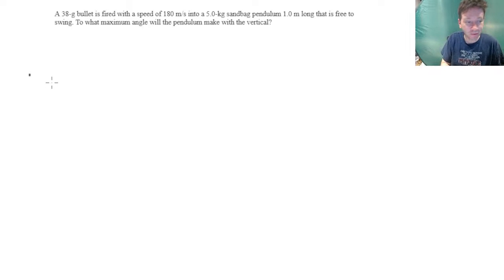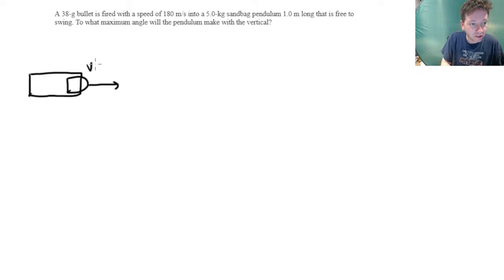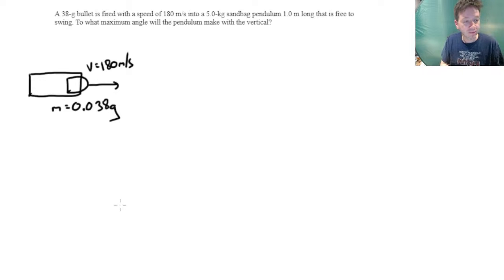So let's look at what this looks like. We have some sort of ballistics, and we are going to be firing a bullet at a speed of 180 meters per second. The bullet's mass, we will change to kilograms, so 0.038 kilograms.